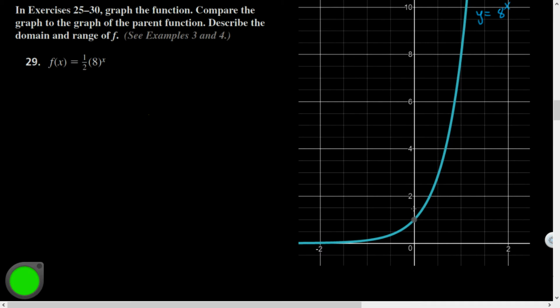It makes it smaller. In what direction? Here's 1. Where would this new point be? Well, 1/2 of this is changing the output of the function by making it half of the original. So I would just take this, which is 1, and divide it by 2, and I'd get 1/2.